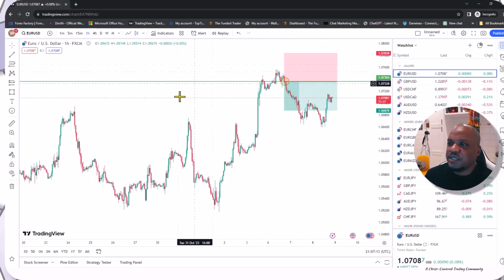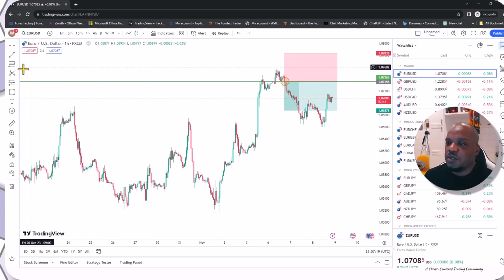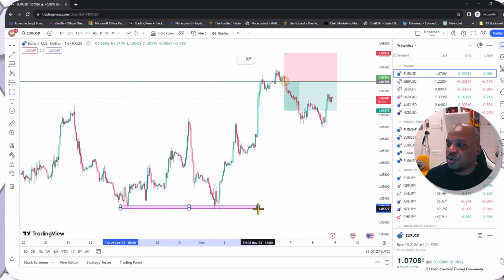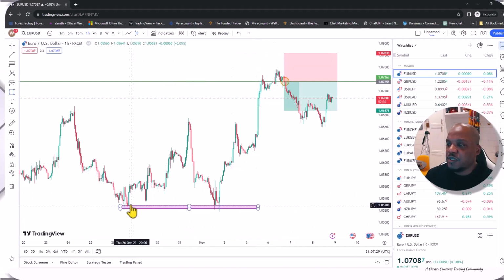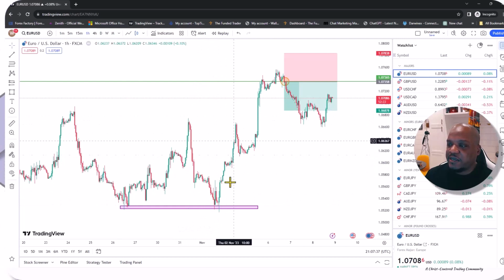So let's look at Euro USD. If we were mapping this out based on what we know, support and resistance, we see that we had a level of support down here that price pushed up off of. It pushed up, came down and retested that support, and put in a new high here.